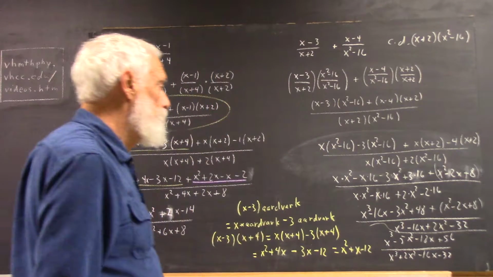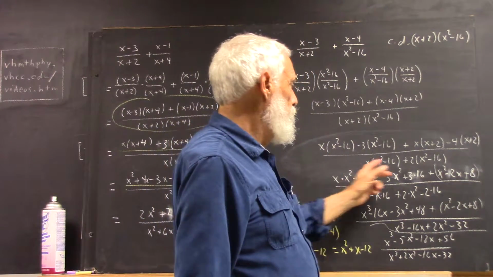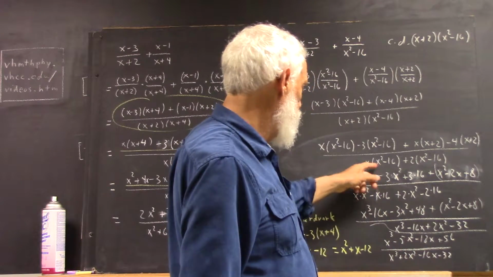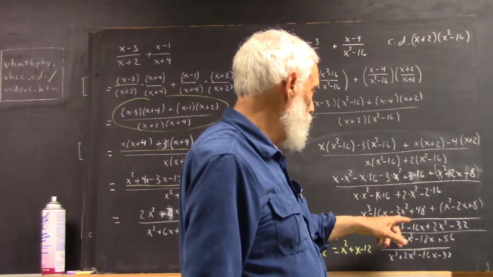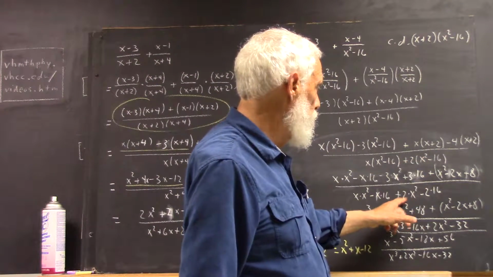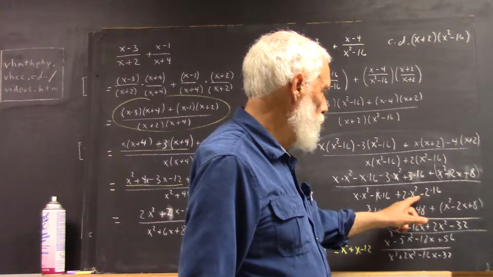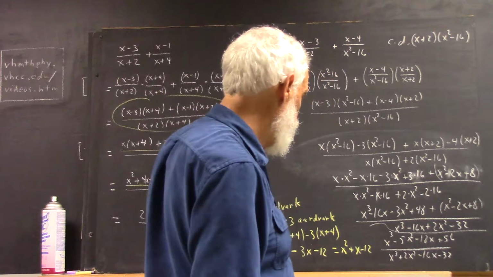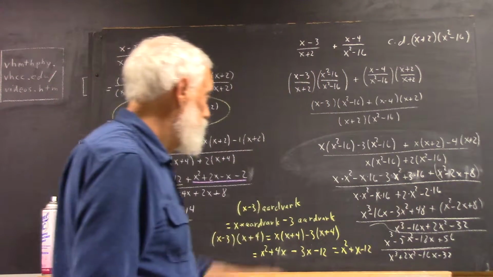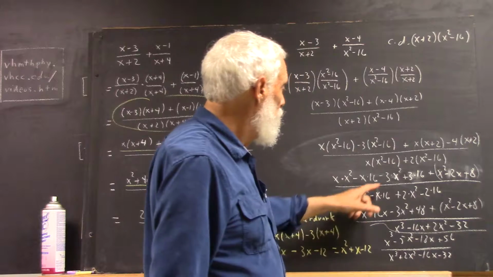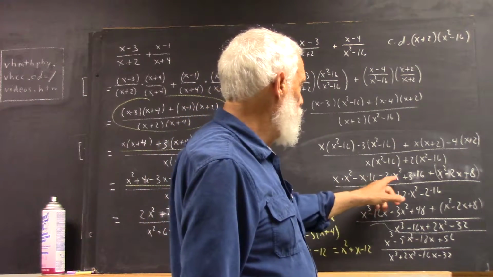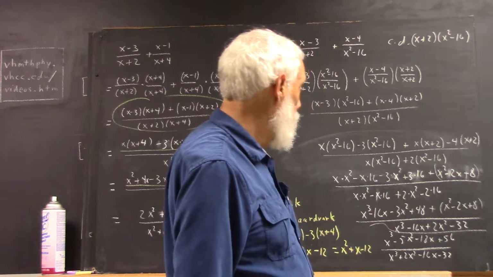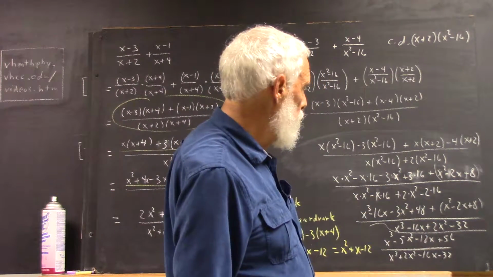Okay. And then we do the same thing on the denominator. X times x squared, x times negative 16 or negative x times 16, 2 times x squared, and 2 times negative 16 or negative 2 times 16. Then x times x squared is x cubed, 16x is minus 16x. 3 times x squared is 3x squared. 3 times 16 is 48.